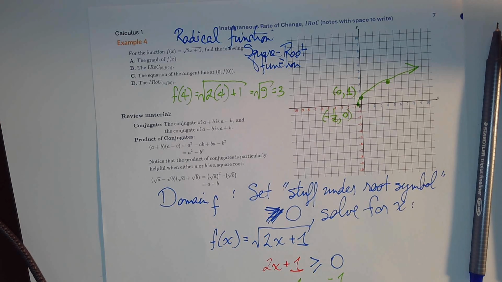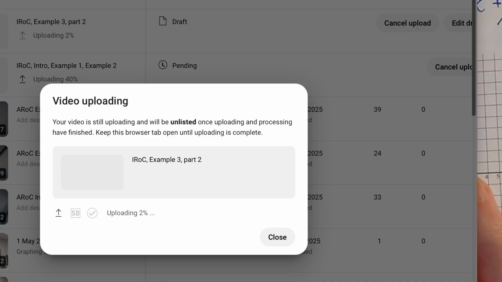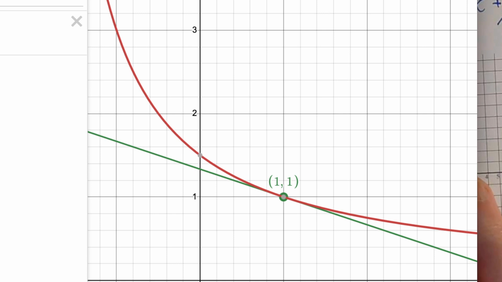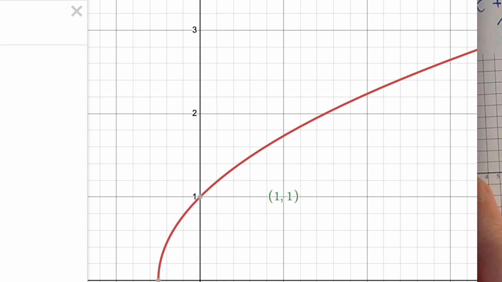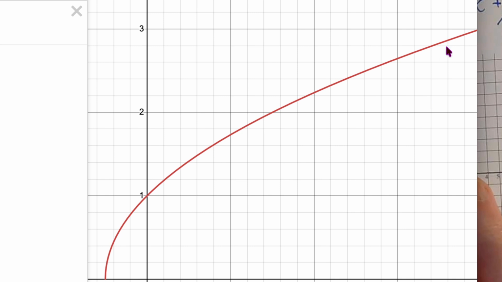And I'm going to look at it on the pretty graph. SQRT brings up the square root symbol, and I want 2x plus 1. So it does indeed look like what we said.